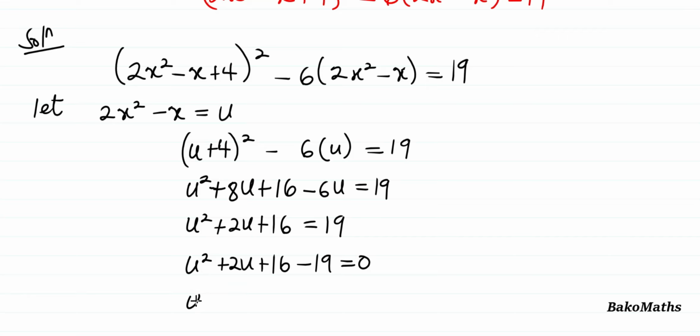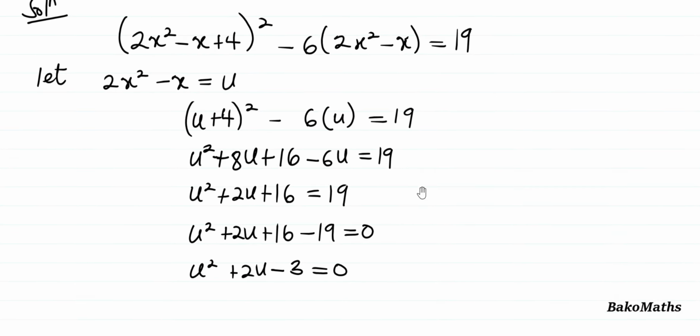By simplifying, we have u² + 2u − 3 = 0. Now we just have to simplify this quadratic equation, and when we simplify it, we are going to have the factorized terms as (u + 3)(u − 1) = 0.